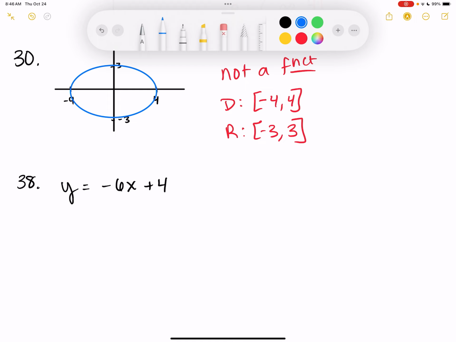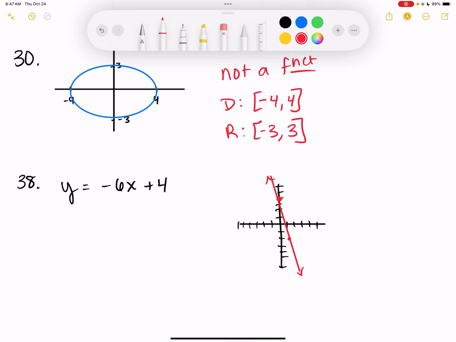So, essentially, if I were to graph it, I would have a point up here at 4. My slope is negative 6, so it'd be down 6, right 1. So essentially, I've got a line, something like that.